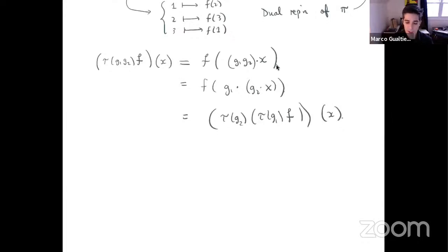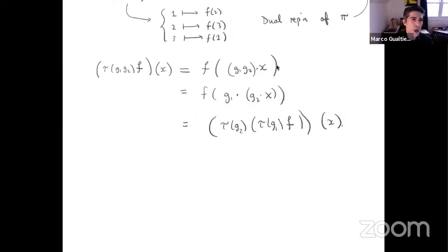So you see what I mean, that in this representation, the way that a group element acts on a function is that it acts on its argument rather than acting on the vector itself. It's acting on the argument, and in this way, it's dual to the way that it was acting before. And if we look at what it satisfies, you can see that tau of G1, G2 is not equal to tau of G1, tau of G2 composed in that way. It's in the opposite way.